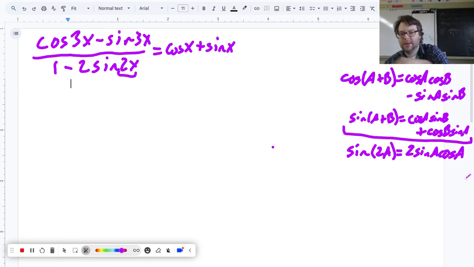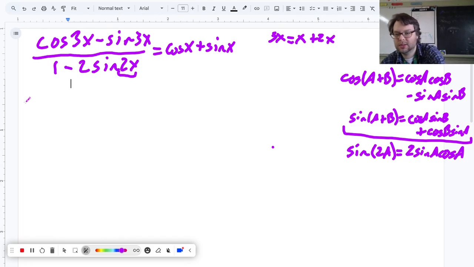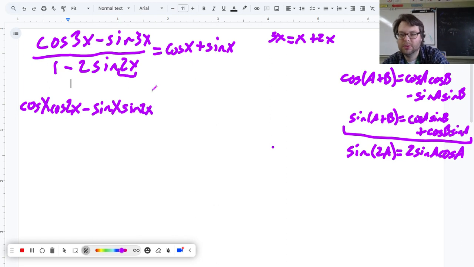So let's do that. Let's write the top thinking of 3x as being x plus 2 more x's. And so cosine a plus b is going to be cosine x cosine 2x minus sine x sine 2x. And then we're subtracting sine of 3x.